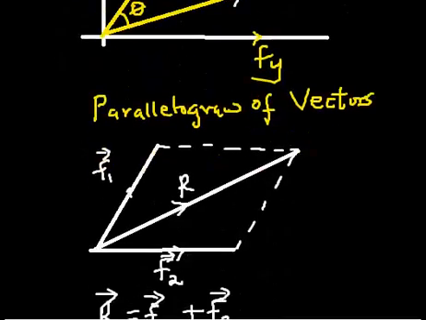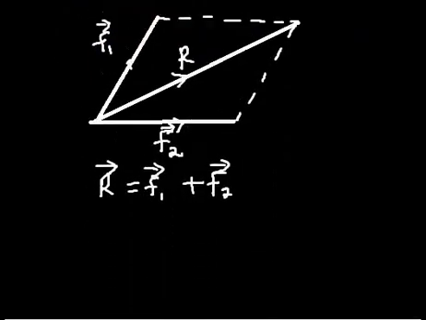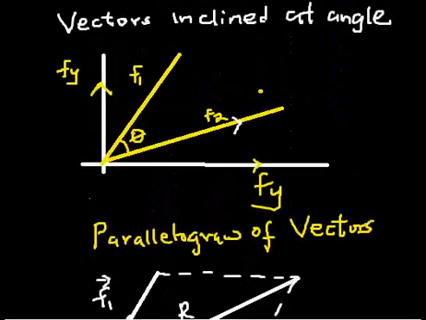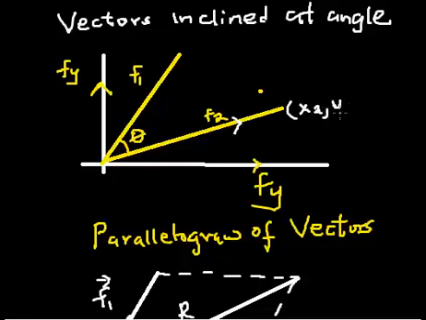So now, if that being the case, let's say vector f2 has a coordinate of x2, y2, and vector f1 has a coordinate of x1, and of course y1, all from the origin.